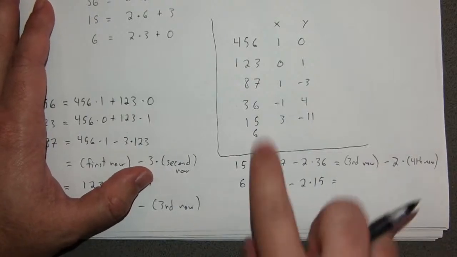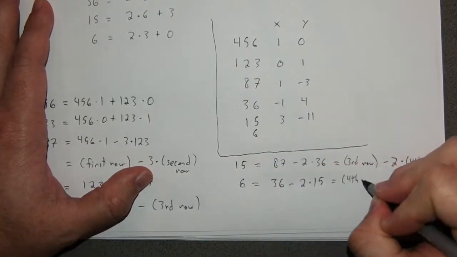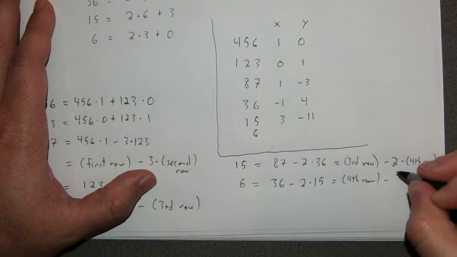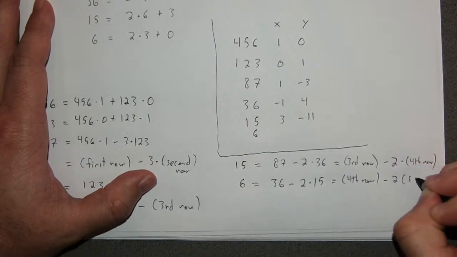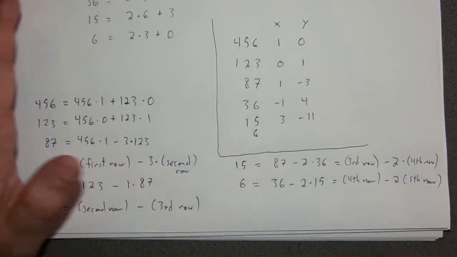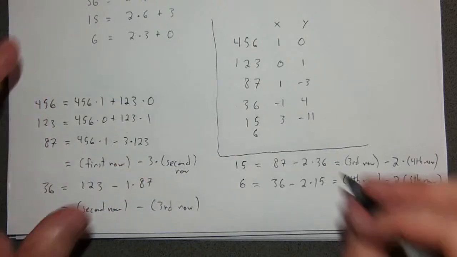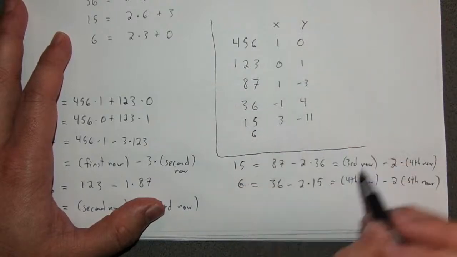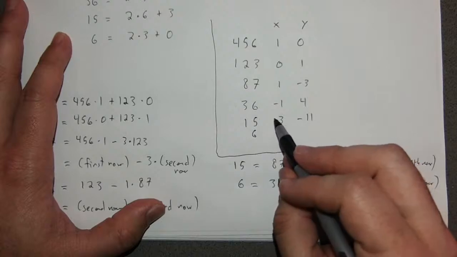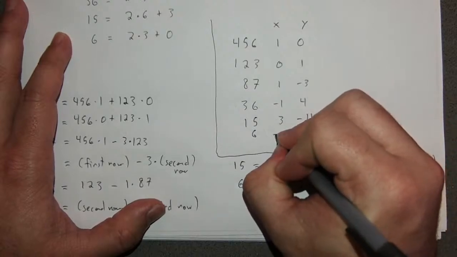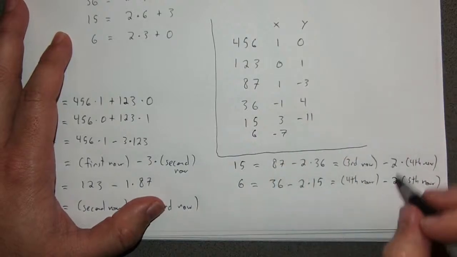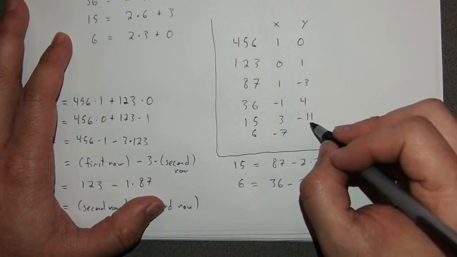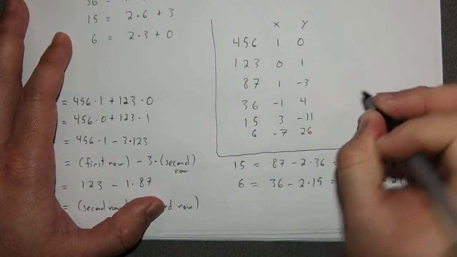So this is 36, which is fourth row. 15 is the fifth row, so this is fourth row minus 2 times the fifth row, which I believe is going to work out to be: fourth row is minus 1 minus 2 times 3, so minus 1 minus 6, that's minus 7. And then 4 minus 2 times minus 11, so that's 4 plus 22, so that's 26.